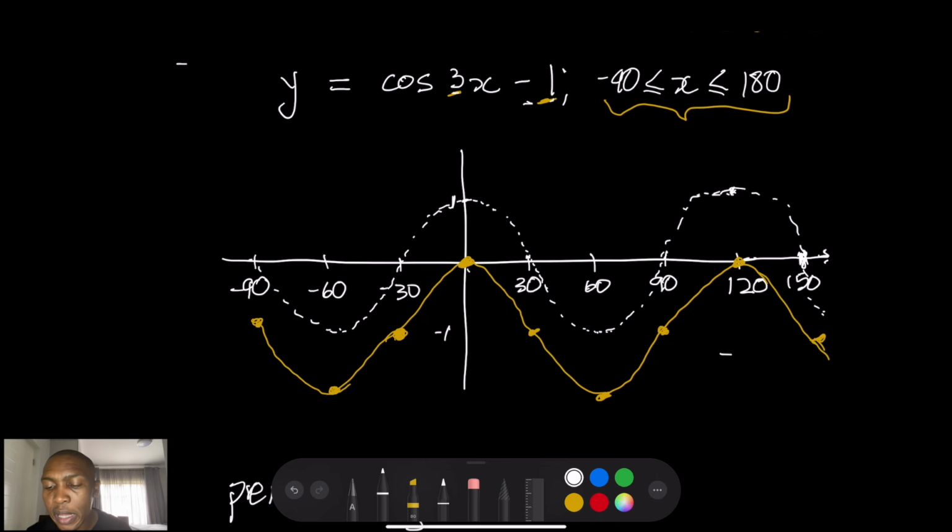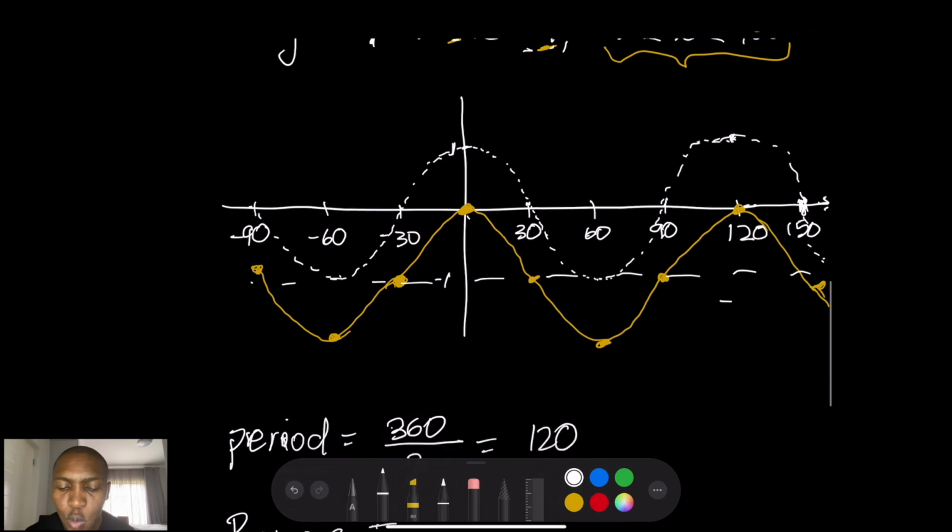So its highest point is the reference point. It's 1 up and 1 down. So its amplitude is still 1. You can see there the value of a is still 1.